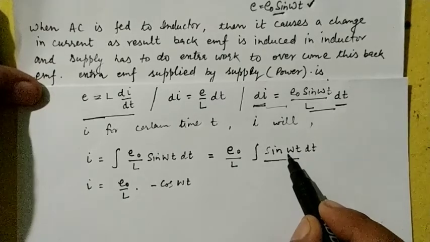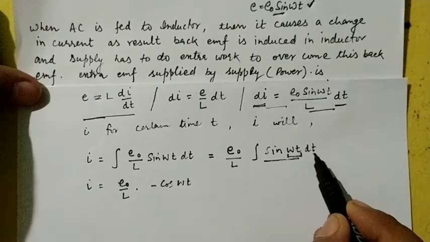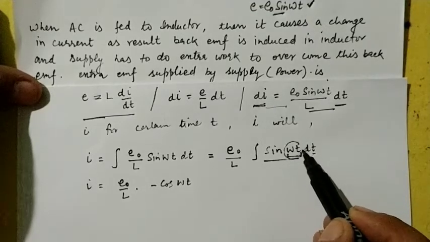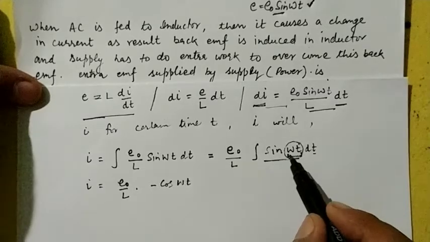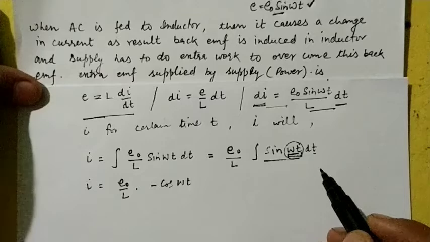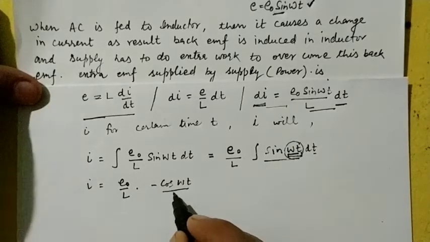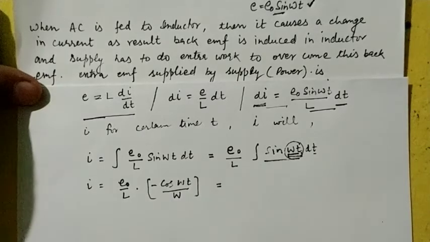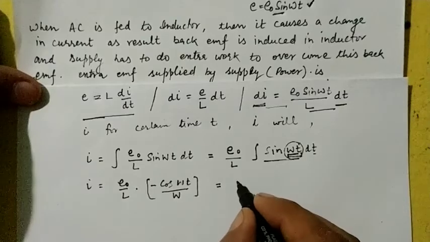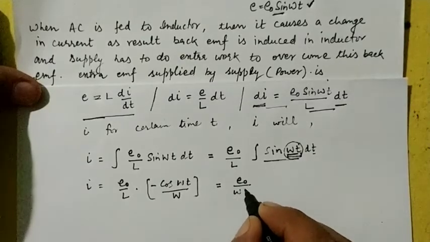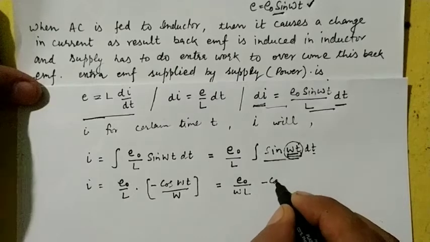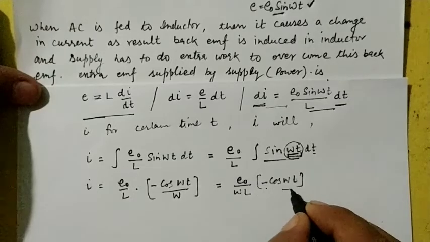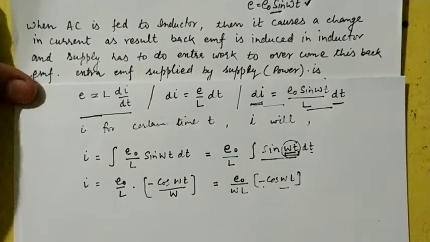Since the angle is omega t instead of t, we have to divide by the differentiation of this angle, that is omega t. The differentiation of omega t is simply omega, so we have to divide by omega. So this is our solution. After solving a little bit, we get E naught by omega L times minus cos of omega t. So this is the value of current.